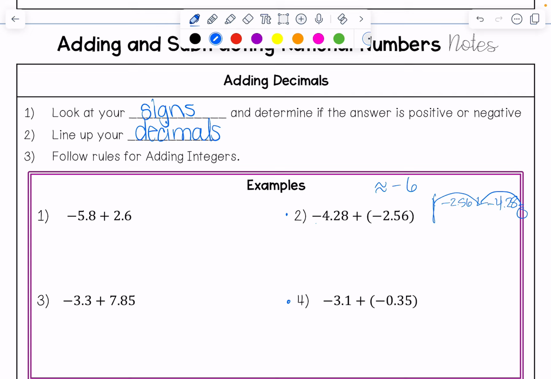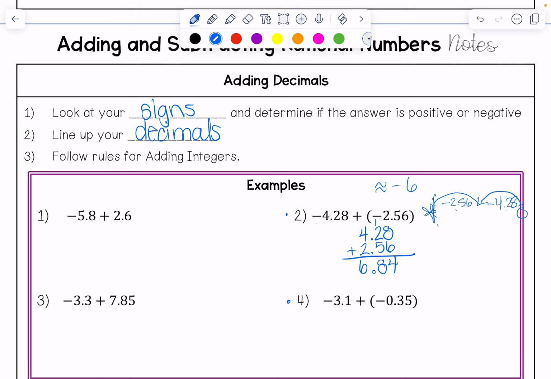We're trying to figure out where we're going to end up here. To figure out this spot, we need to add those numbers together. So I can add 4 and 28/100ths with 2 and 56/100ths. And when I add those together, we're going to get 6 and 84/100ths.